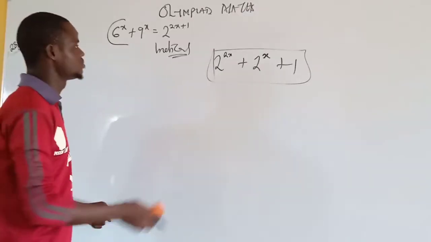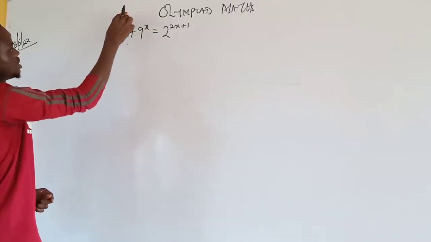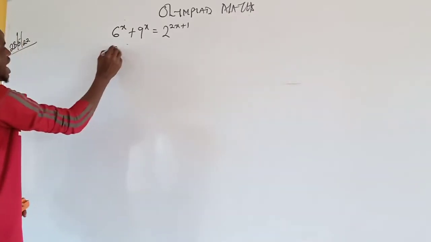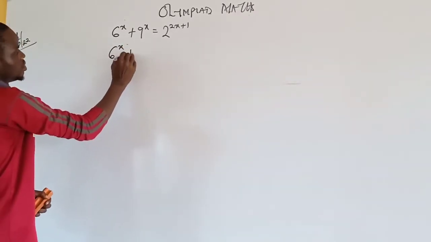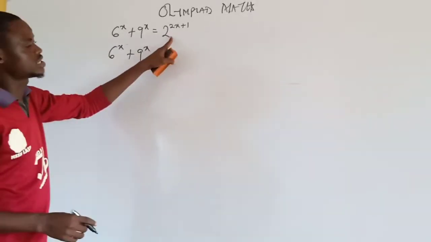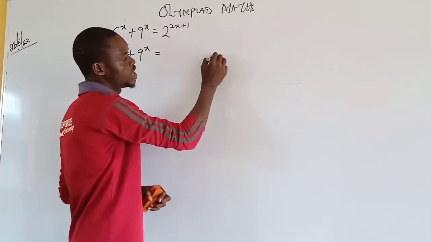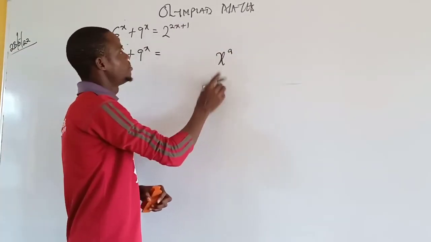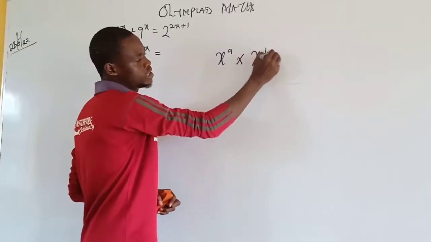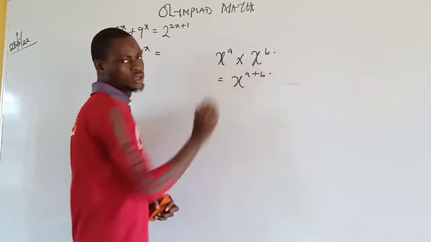It is quite easy. The first thing I need to do is to analyze the right hand side of the equation. From here, I have 6 raised to the power x plus 9 raised to the power x equals to this. Now, according to the law of indices, if I have x raised to the power a multiplied by x raised to the power b, I will be having x raised to the power a plus b.